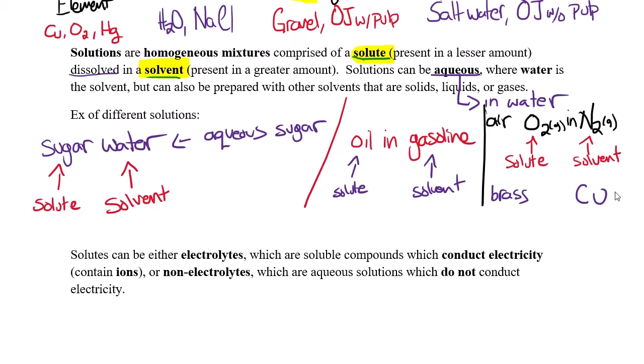And there are minor components here, which would be other metals like zinc, or like tin, or sometimes lead. Those might be components of the brass. And so the zinc, tin, or lead would be considered solutes. And the copper would be the solvent.